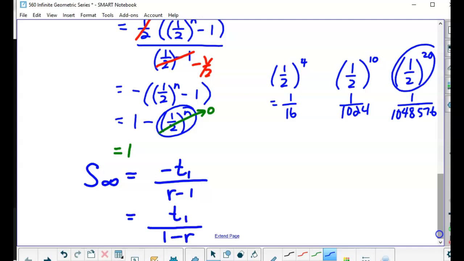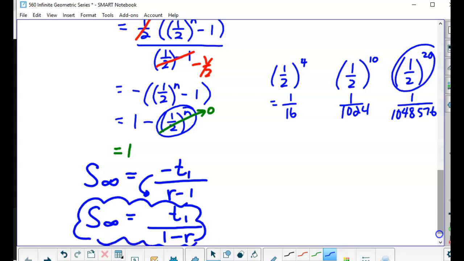So we incorporate the negative in the denominator and switch the terms around. That's more frequently how you will see it, and that's what will be on your formula sheet. And that's what we're going to use.